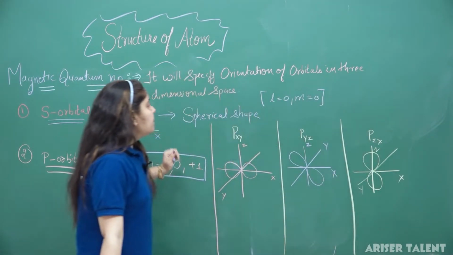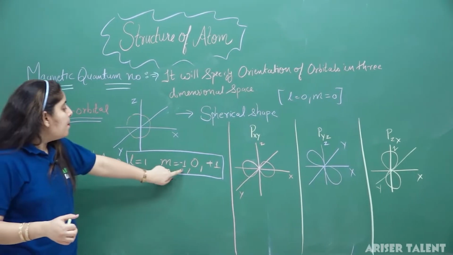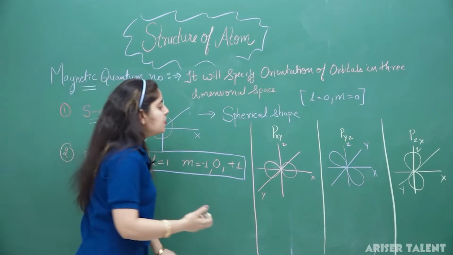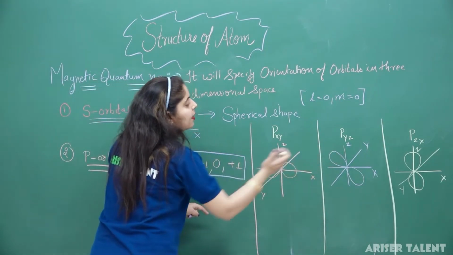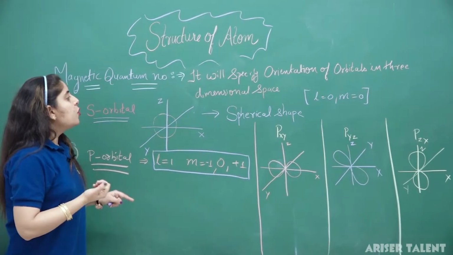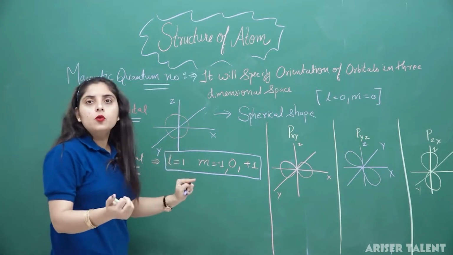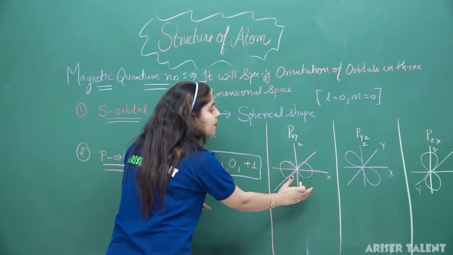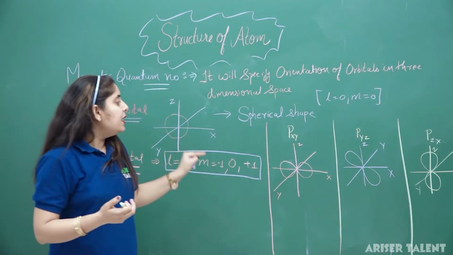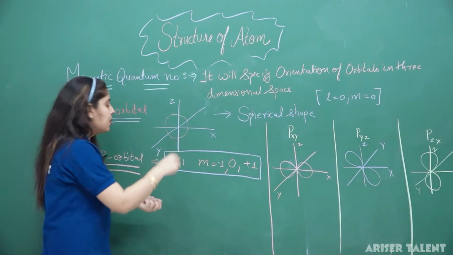So the values of m for l equal to 1 are -1, 0 and 1, and for these 3 magnetic quantum numbers we get 3 diagrams for the orientation of the orbitals in an atom. So it is all about the s orbital and p orbital. What we can conclude from here is that the diagram represented here is not spherical in shape; instead it is dumbbell shaped. So what will we call the diagram for a p orbital?